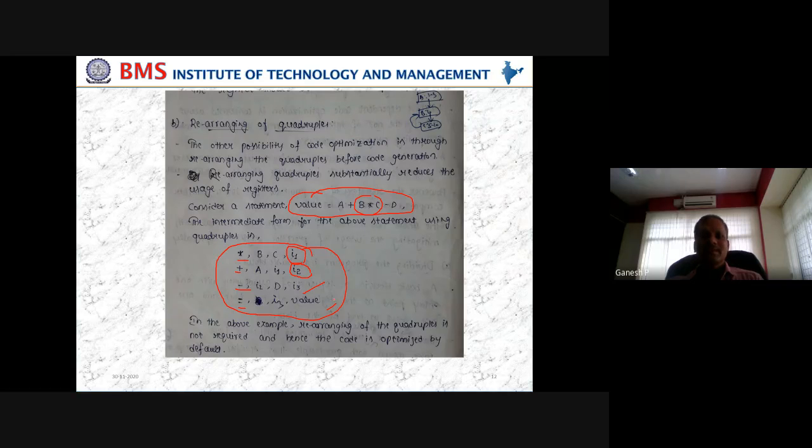So what do we mean by rearrangement here, before we get into the rearrangement concept? Assume that now I have I2 here. I have computed a plus b into c. After that I have a minus d. When I compute I2, we know that any recent computation will be stored in the processor register or maybe in the accumulator, or maybe it is available in a given place which is stored just now.